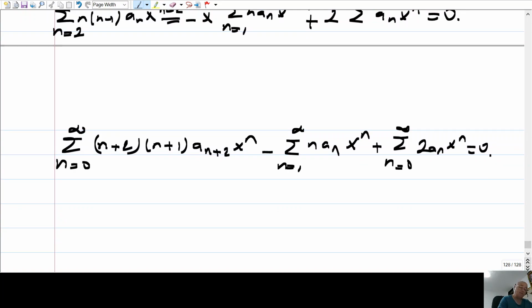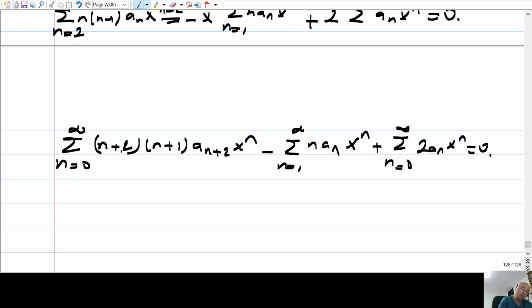Okay, now all the powers are equal, x to the power n. So I can write this as a single summation. But you see, I have two extra terms here. Here this starts from 1, but these are starting from 0. So I have to take out the terms corresponding to n equals 0 outside the summation.